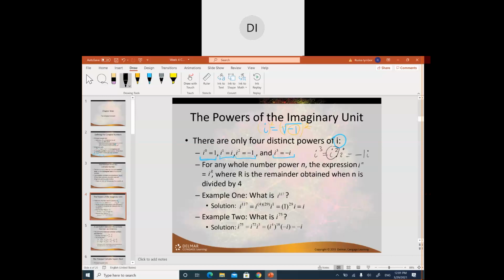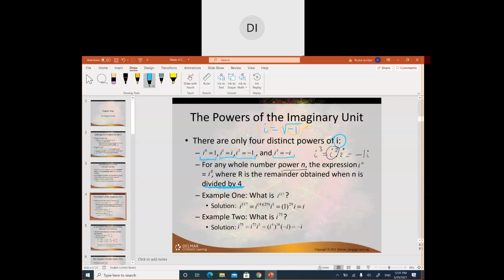Now, for any other exponent n, the result is going to be one of these 4. And this is how you do it. You divide by 4. I'm going to give you a rule: you always divide by 4. Okay? Let's look at this example. i with exponent 117.